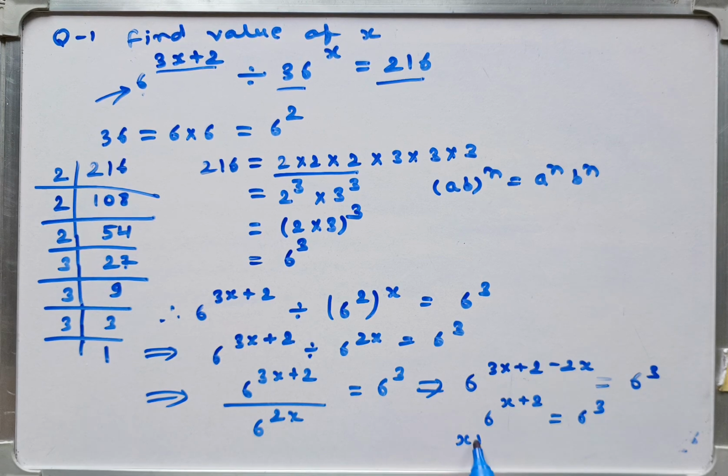Finally, the base is common for both sides, so we can equate the exponent terms. So finally x equal to 3 minus 2, or x equal to 1. So this is the solution for this question.